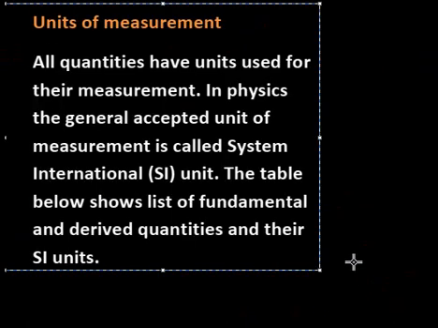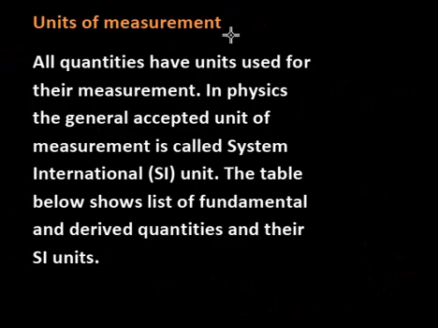Now, unit of measurement. All quantities have units used for their measurement. In physics, the generally accepted unit of measurement is called the System International Unit, abbreviated as SI unit.